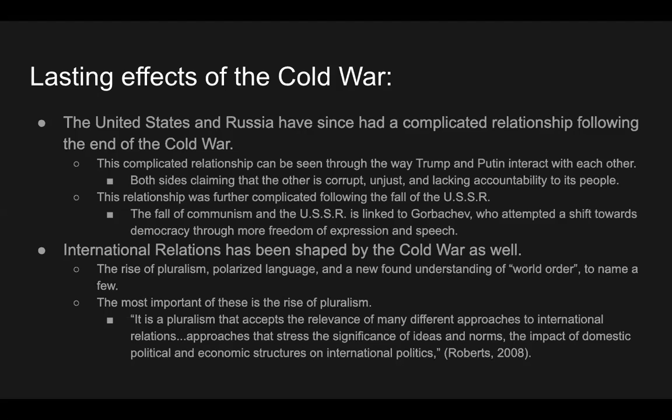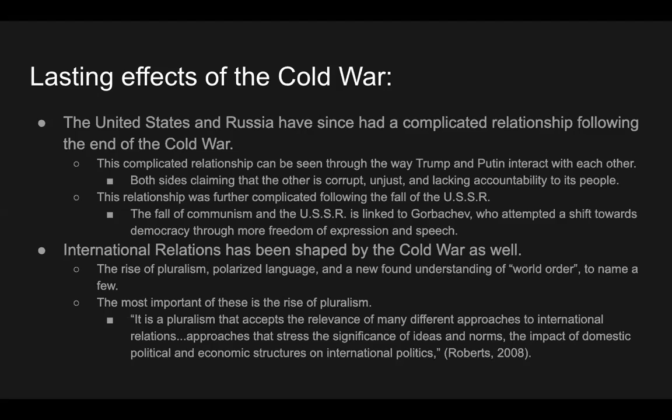International relations have been shaped by the Cold War as well. I found this really cool book as a reference for this. There was this rise in pluralism and polarized opinions on both the US and Russia and capitalism and communism and what it means to be a world power.